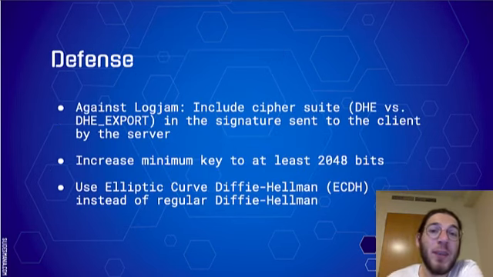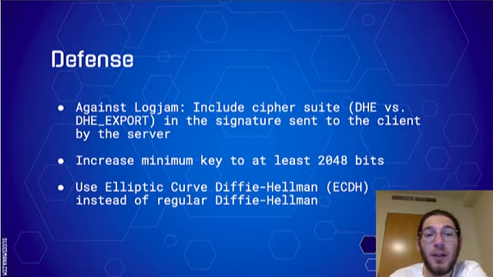So how can we prevent these vulnerabilities? Well, specifically against the Logjam exploit, TLS can update its protocol so that the signature sent by the server includes the specific cryptographic algorithm used.